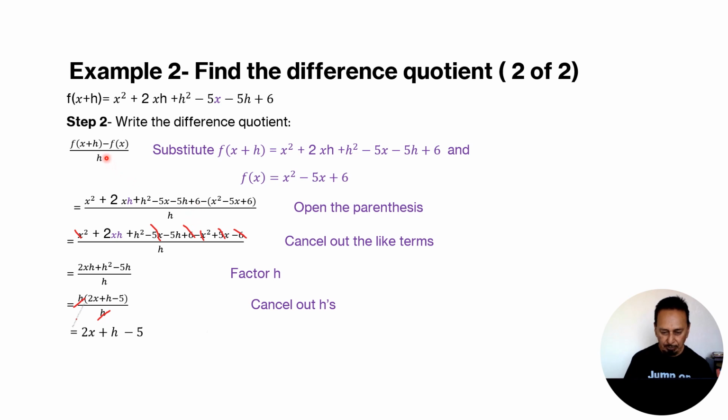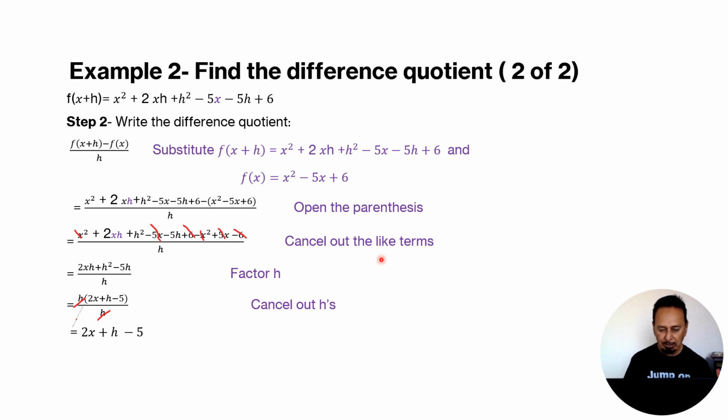After that, we put this minus sign, and then we write the f of x, which was given, x squared minus 5x plus 6. Now we open the parentheses. So it becomes x squared plus 2xh plus h squared minus 5x minus 5h plus 6. And this becomes negative x squared, negative times negative becomes plus 5x, and plus 6 becomes negative 6.